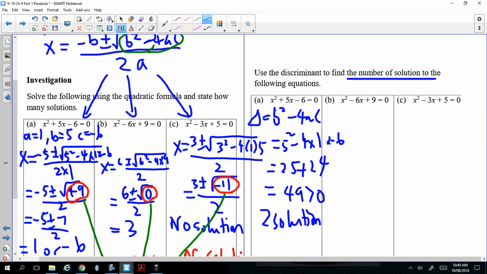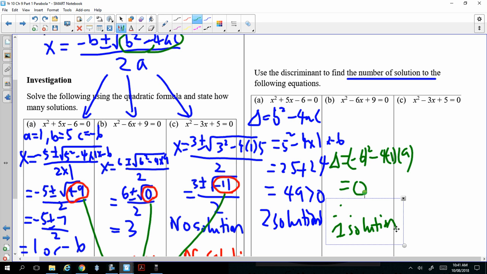And find the discriminant of that. Discriminant is negative 6 squared minus 4ac. What would that be? 0. So we say one solution.